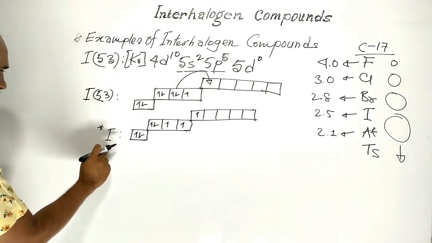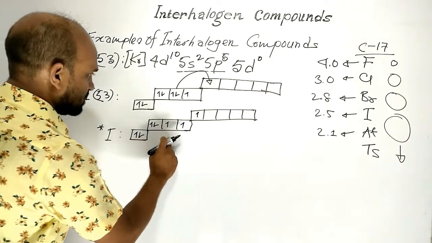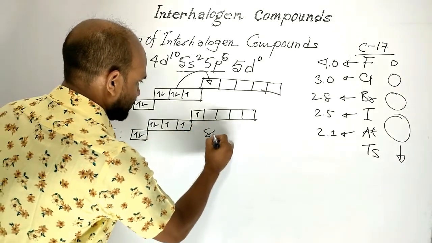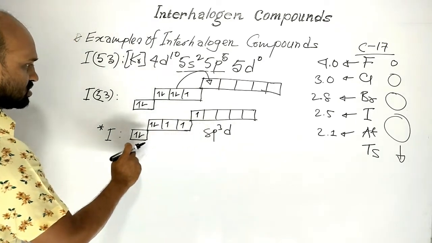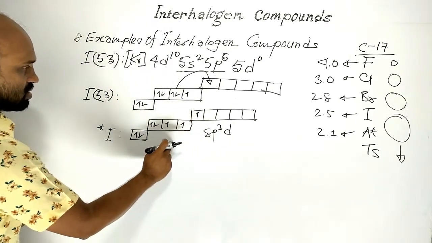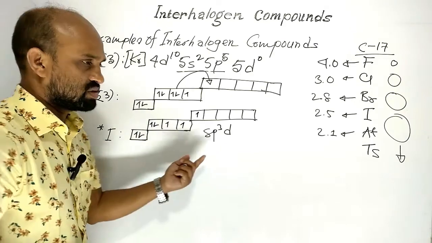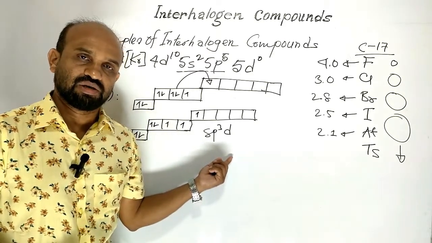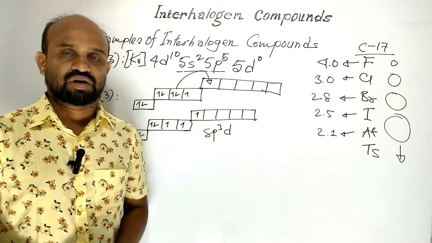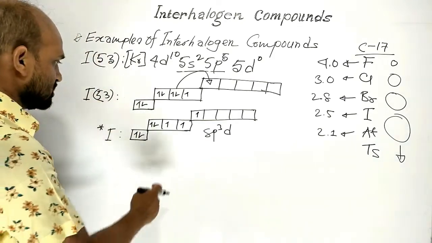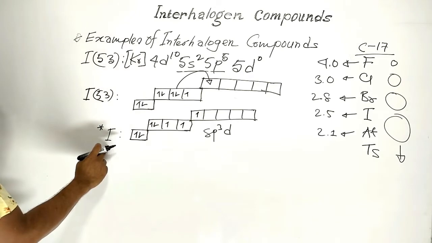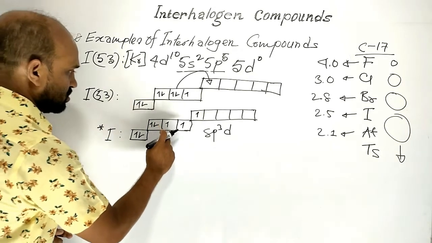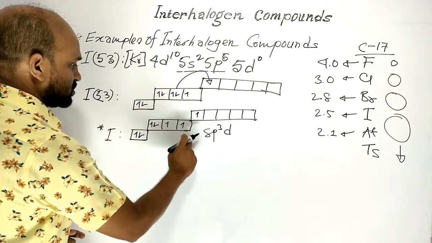Now in iodine, sp3d hybridization occurs. That is, in this case, a total of 5 orbitals take part in hybridization and 5 orbitals are formed. That means here simply we can say that in the outermost shell of iodine there are now 3 unpaired electrons.